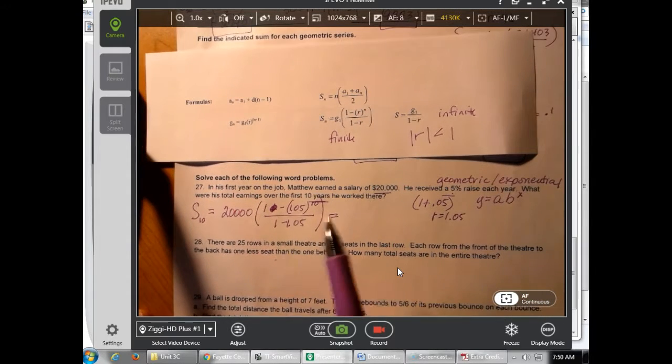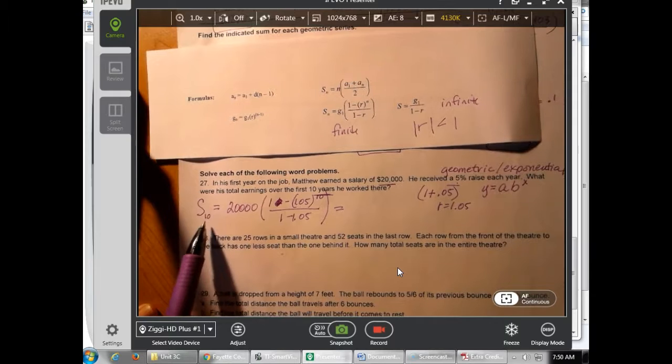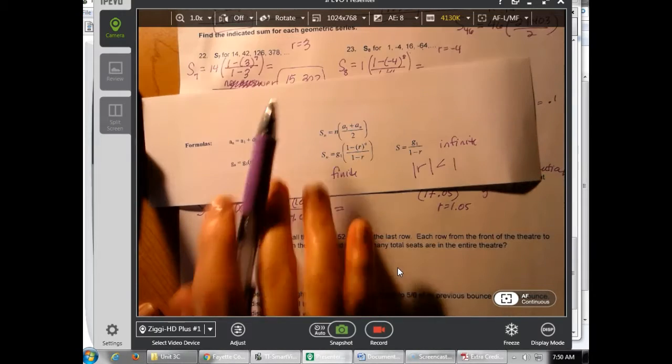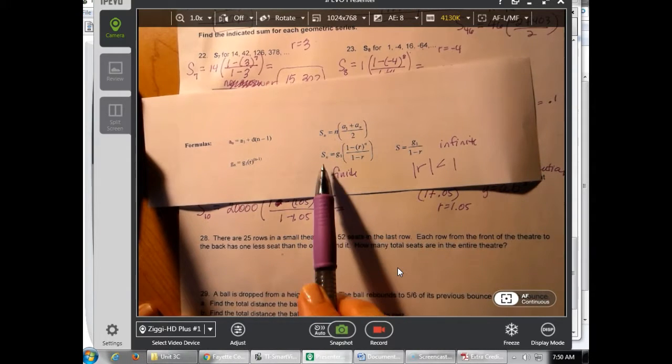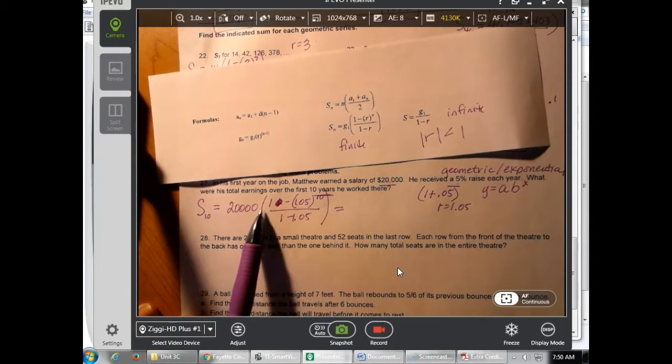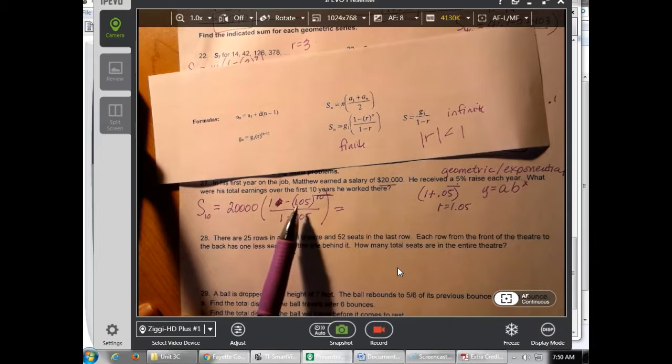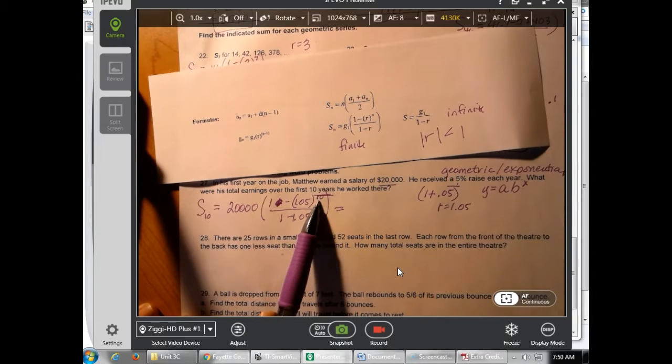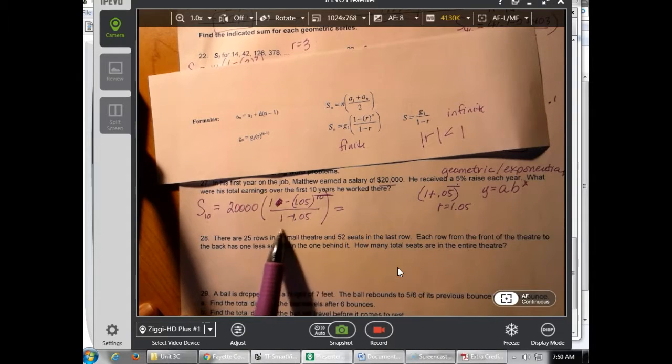And then, just using the formula, I'm summing through the 10th year. So I'm going to use this formula here for finite through the 10th year. My first year is 20,000, and then of course it's 1 minus my R value, 1.05 to the 10th, and then divide by 1 minus 1.05.